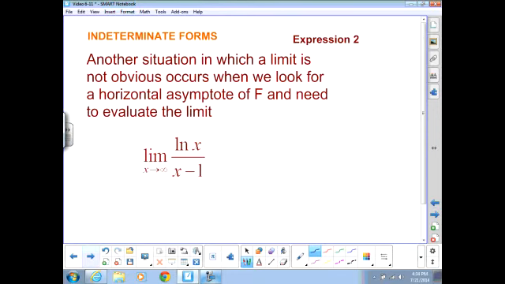And then we've got the situation where maybe we're approaching infinity. So that means you're really looking at a horizontal asymptote. Well, on top, natural log of infinity, that's going to get huge, so that's going to go towards infinity. And infinity minus 1 will still be a huge number. This is another indeterminate form, and here's why. We don't know which one is getting larger quicker, the numerator or the denominator.